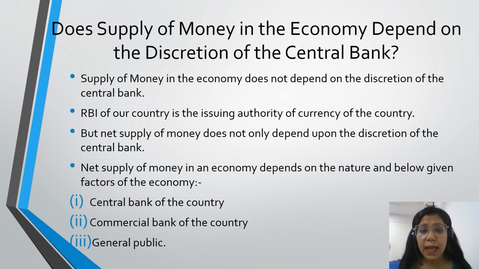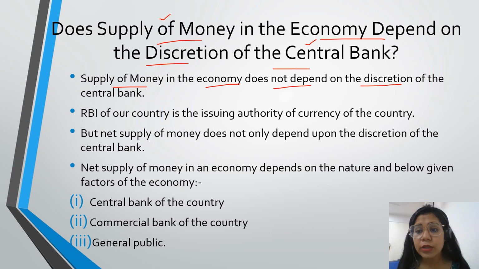Now, does the supply of money in the economy depend on the discretion of the central bank? What we are trying to find is whether the supply of money depends only on the central bank. Is it only the central bank that determines the supply of money? The answer is no. The supply of money in the economy does not depend on the discretion of the central bank.